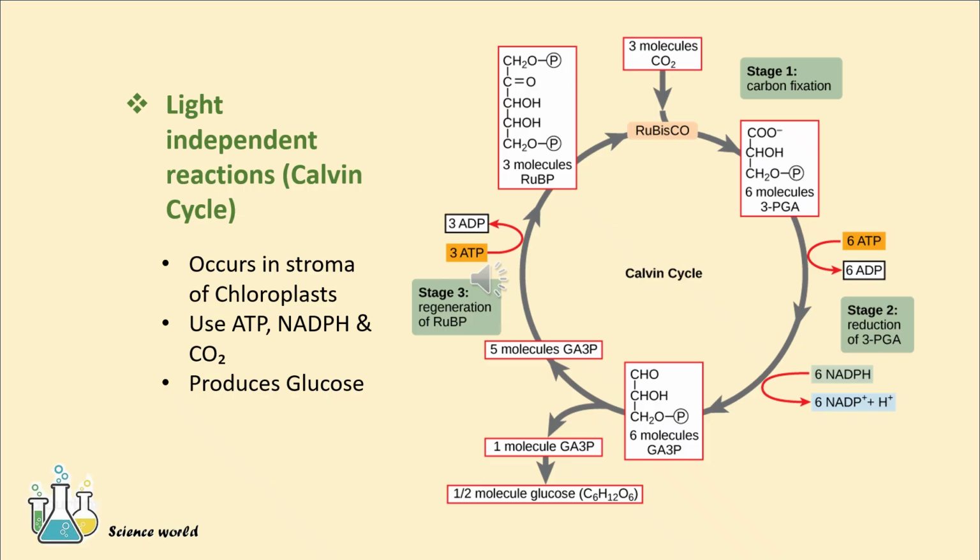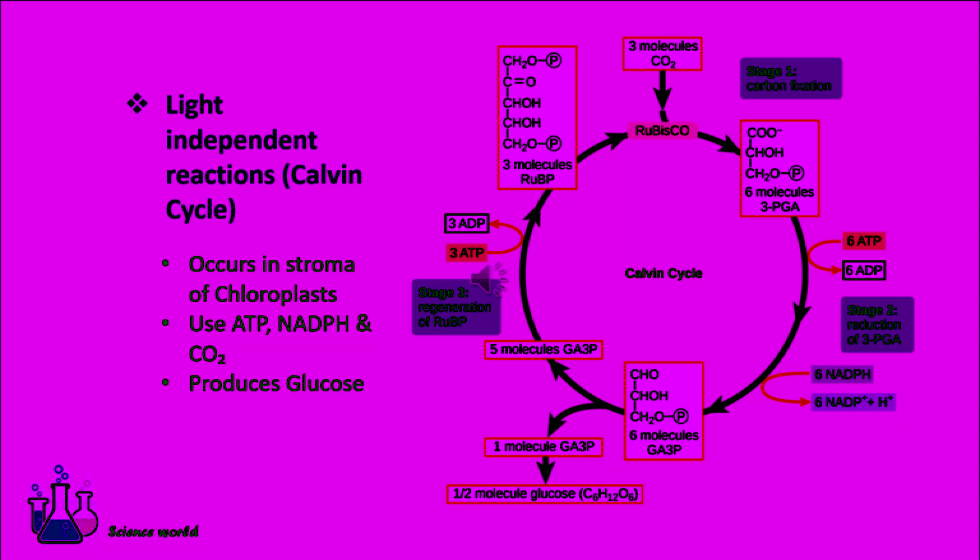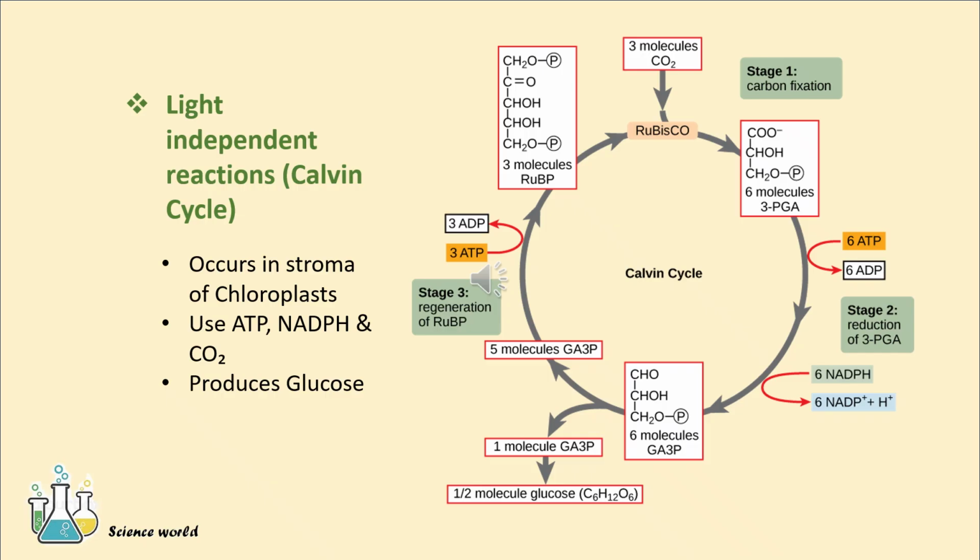In this regeneration process, 3 molecules of ribulose bisphosphate are produced in total. For this regeneration process, 3 ATP are needed to provide energy.